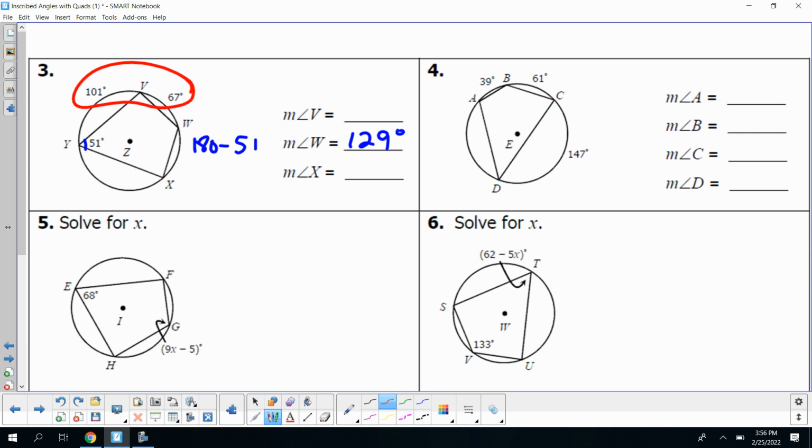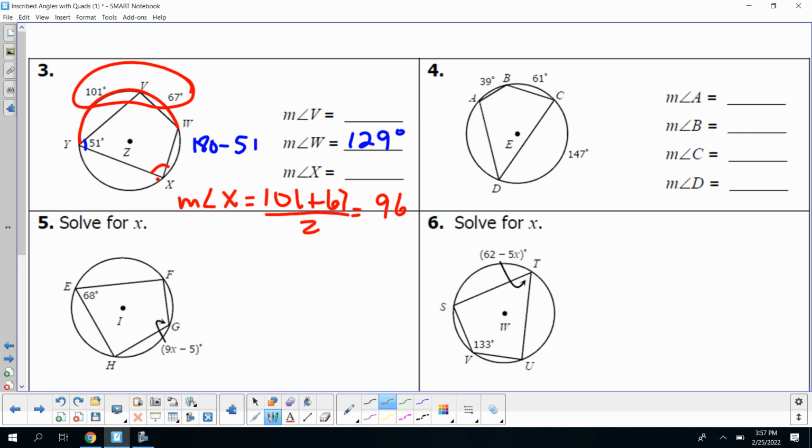So remember, the arc length from here to here is going to be twice the measurement of angle X. So if I add those together, the measurement of angle X is going to be 101 plus 67 divided by 2. And when I simplify that, I end up with 96.